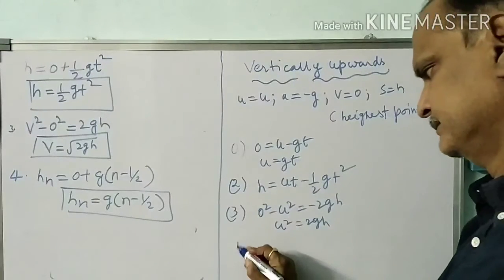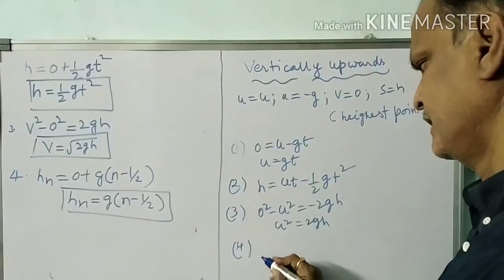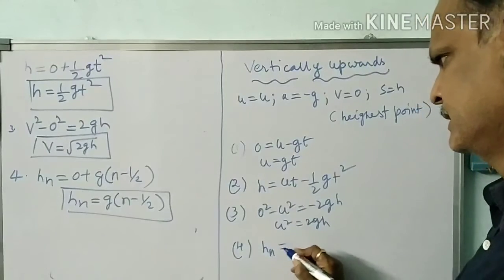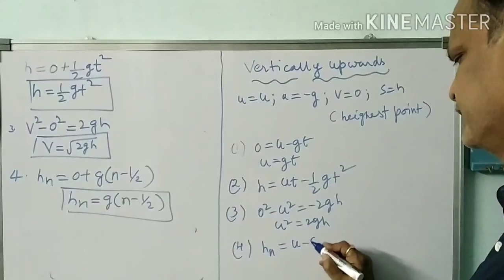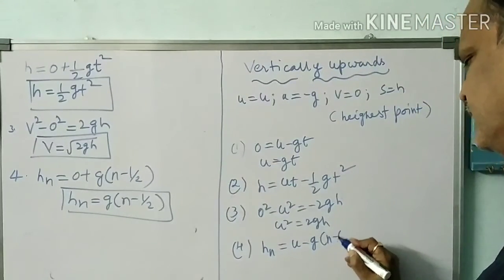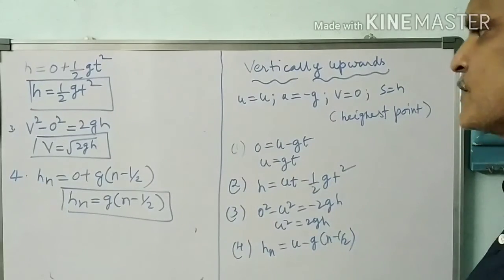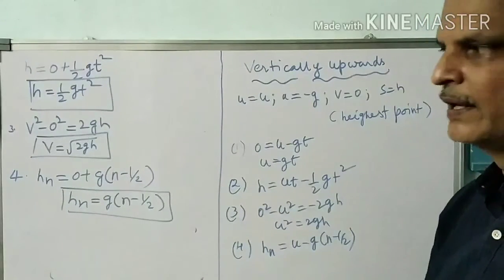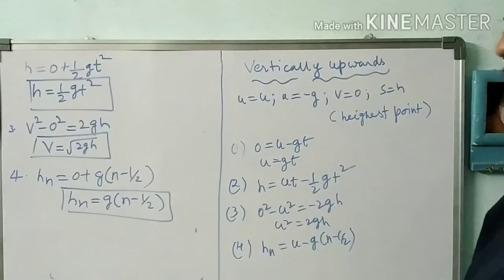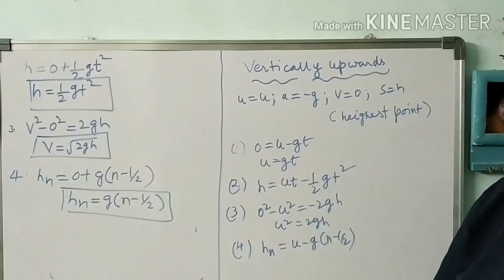Next, fourth one, we have Hn is equal to u minus g into n minus half. So these four are the equations in case of a vertically projected upward body.